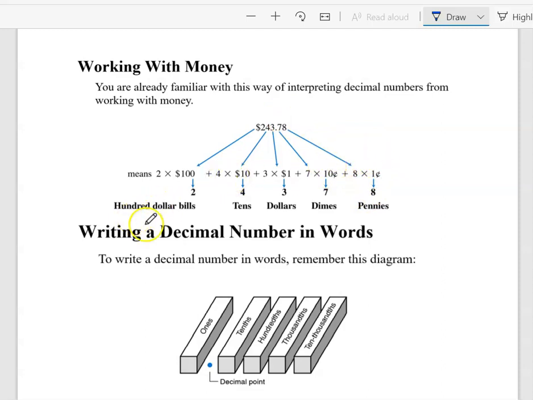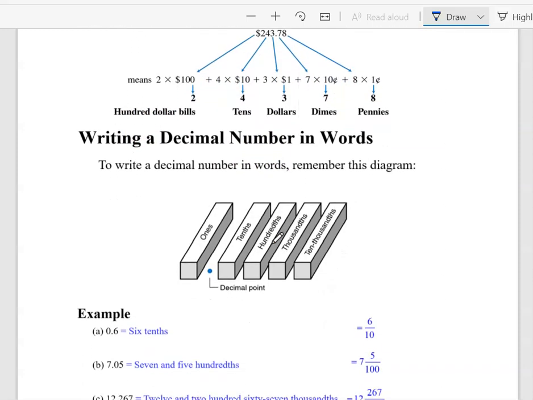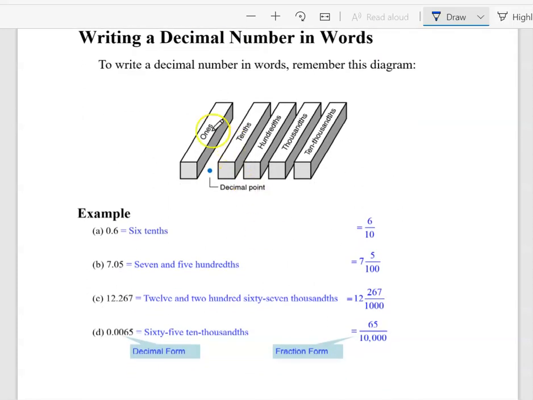So writing a decimal in words is not too complicated. So we've got our ones place and then our decimal, tenths, hundredths, thousandths, ten-thousandths. So if we've got something written in the first decimal place, so if this says 0.6, then we know that we don't have anything after that, and 6 is in the tenths place, and so we would read that 6 tenths.